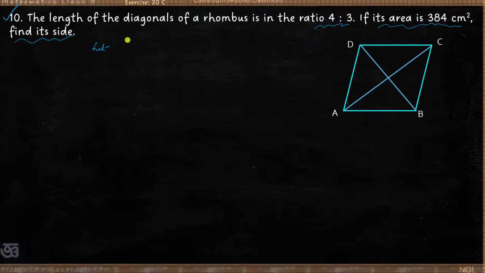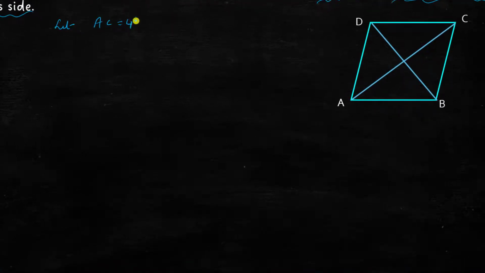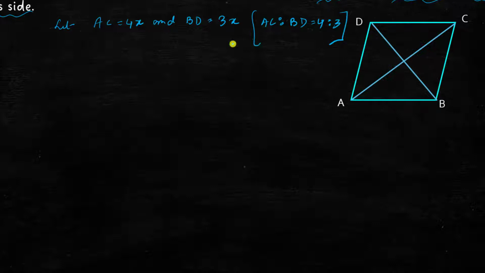So let AC is equal to 4x and BD is equal to 3x. So what we get? AC is to BD is equal to 4:3. Given that the diagonals of the rhombus is in the ratio 4:3.